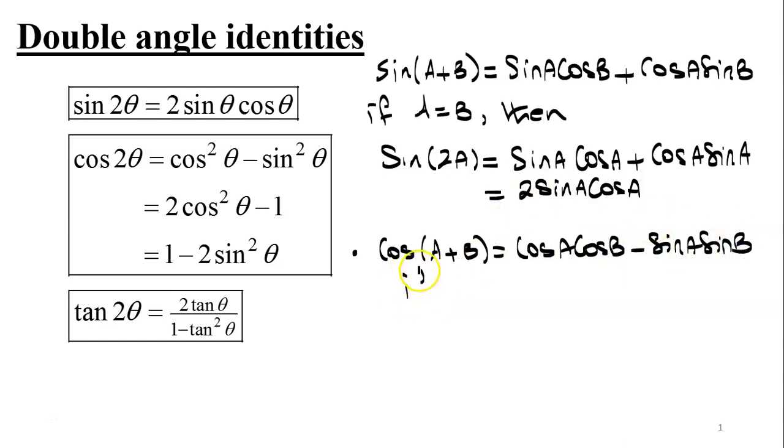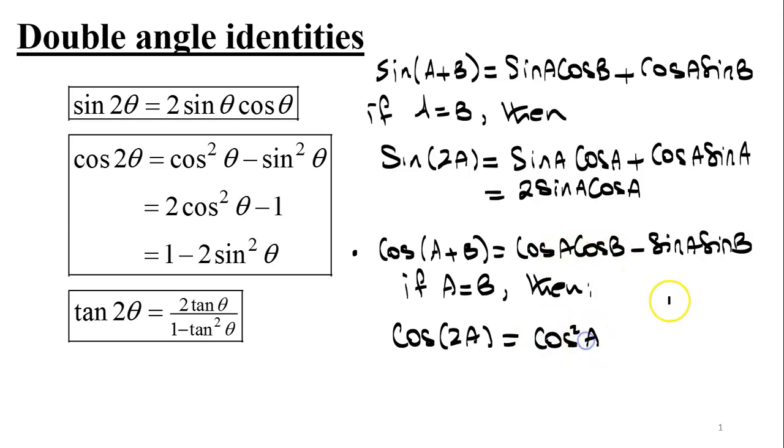So over here again, if I set a equal to b, then in that case I would obtain cosine 2a equals cosine squared a minus sine squared a. So that is where the first double angle identity of cosine comes from. So it's from the compound angle identity of cosine by setting a equal to b.